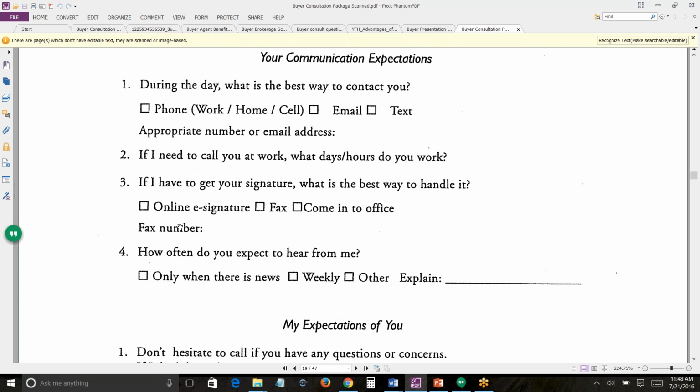So should we have a discussion about, during the day, what is the best way to contact you? If I need to call you at work, if I have to get your signature, most people are cool with online e-signatures. The first time you write an offer with somebody, you ought to do it in person and go through the form with them. That's my opinion.